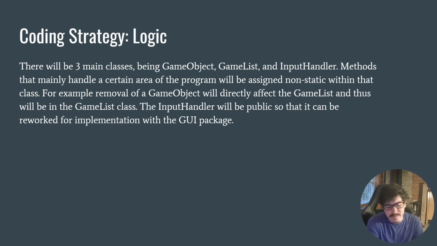So I try to keep methods that relate to a certain class within that class. For example, removal of a game object, that's going to look through the game list and then take it out of the game list. That's mainly what it does, so it should be in the game list class. The input handler is going to have public access, of course, so that way it can communicate with the GUI package later.